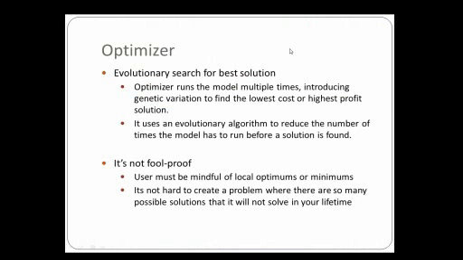So first of all, the optimizer is an evolutionary search method. It has to run multiple iterations, and between each iteration, it introduces variation to try to find different possible solutions. The value in it is that once it starts finding bad solutions, it doesn't keep going down the path of finding bad solutions.